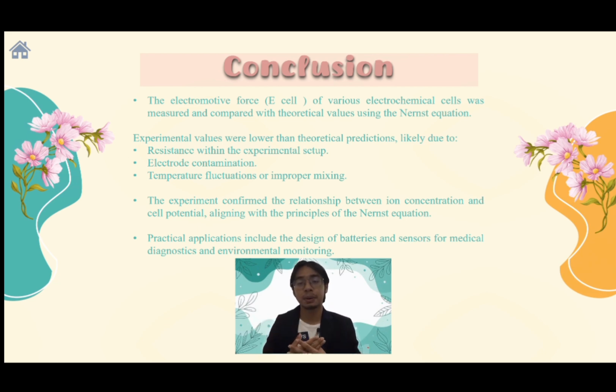The experiment successfully demonstrated the relationship between ion concentration and the cell potential, consistent with the principle of the Nernst equation. These findings highlight practical applications in designing batteries and sensors for medical diagnostics and also environmental monitoring.